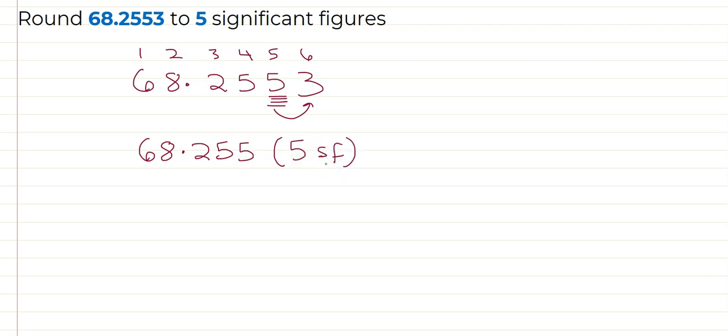So something that I think we can also try here is, what if I had a number like this, 743218, and we want to round this to 2 significant figures. So what we're going to do here is we're going to take a look at our numbers.